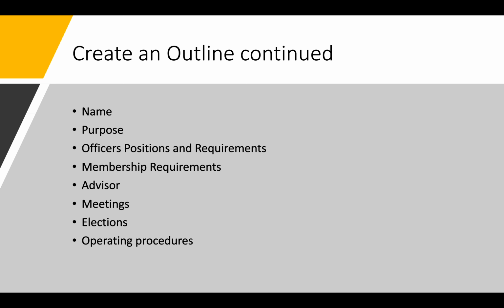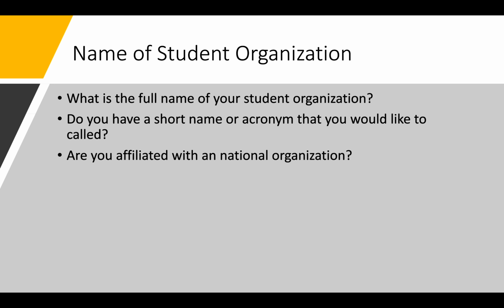Article 2 would be officer and position requirements. You can use whatever template or guidance you want, from my template, or your own thoughts and understanding of it, or even if you want to Google something else, you're welcome to do that as well. Those are the items we're going to go over for this constitution training.